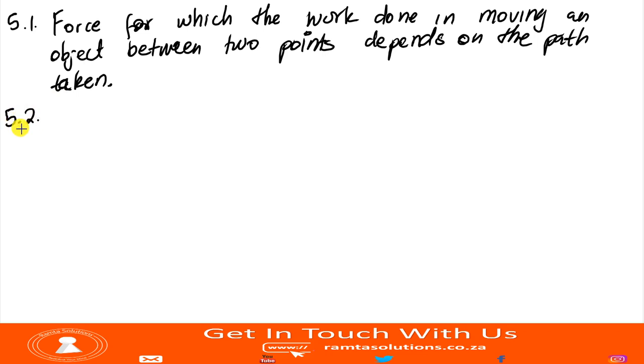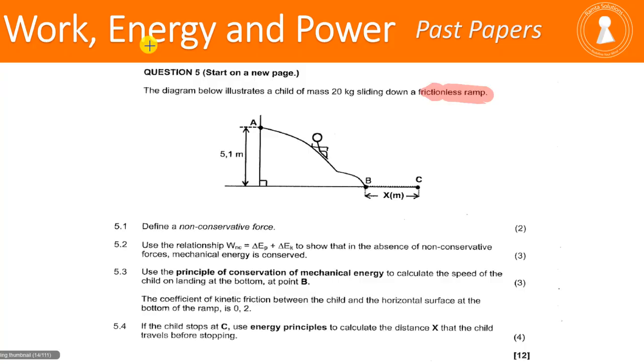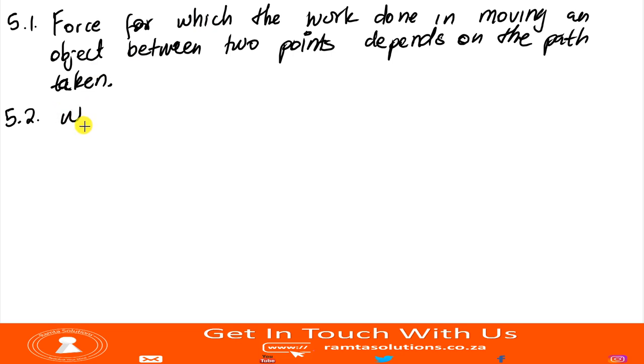5.2 says, use the relationship work done by a non-conservative force is equal to change in potential energy plus change in kinetic energy to show that in the absence of non-conservative forces, mechanical energy is conserved.